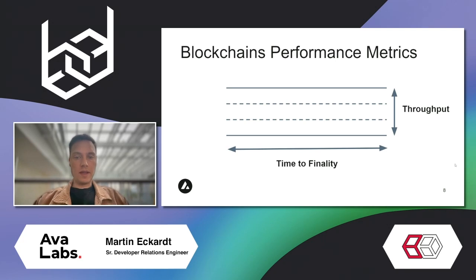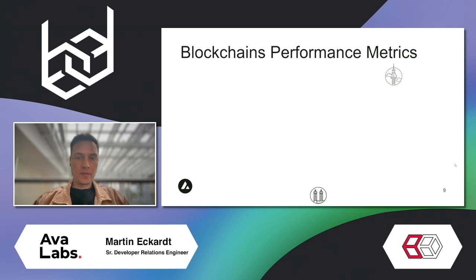And it can get a little bit tricky, because when we talk about throughput, we talk about transactions per second, and some people think, oh, it's 10 transactions per second, that means my transactions will take a tenth of a second. But that is actually not true. 10 transactions per second means 10 cars can enter the highway per second, but it won't say anything about how long these cars are going to spend on that highway.